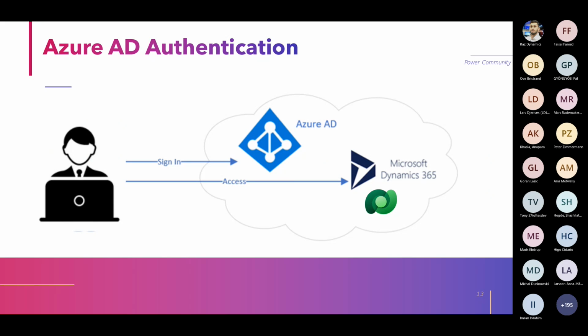My account should be there in Azure AD. So the user provides their user ID and password that gets verified in Azure AD. Azure AD gives the token back to the user. The user gives that token to Dynamics 365 or Microsoft Dataverse, and then you get access to that particular application, right? So it's a straightforward way. Azure Active Directory is the storage of all the identities of all the users in Microsoft Dataverse.